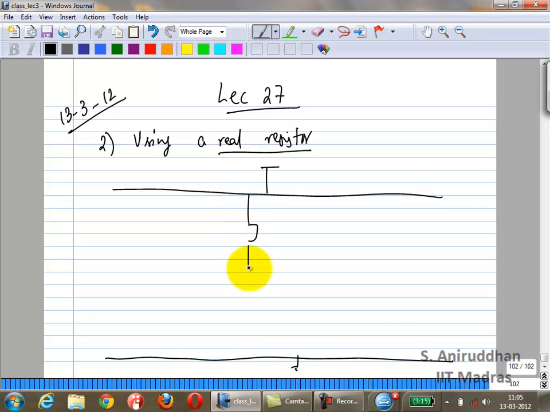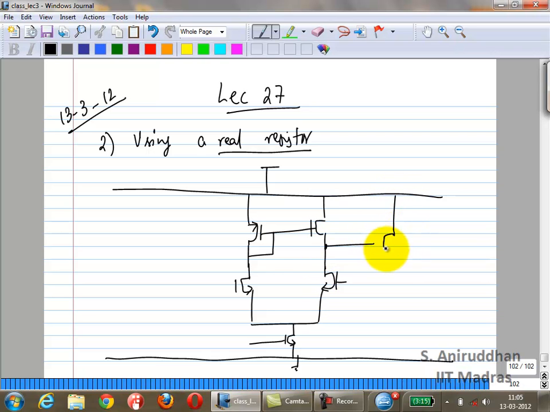So let me quickly draw the two-stage op-amp. So this is your two-stage op-amp with your zero cancelling compensation.